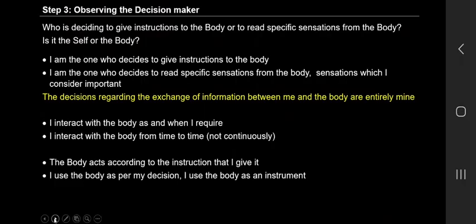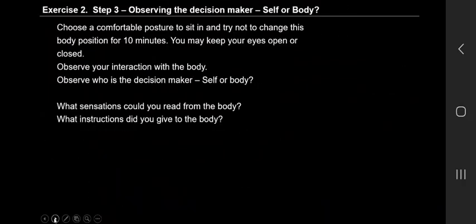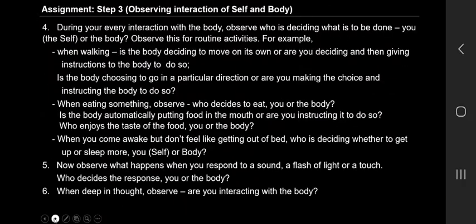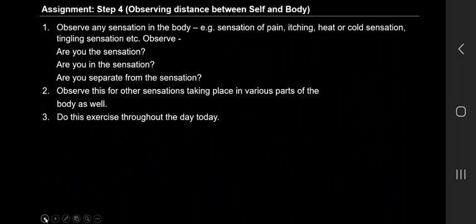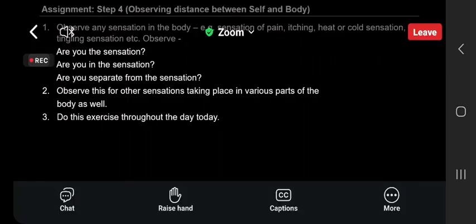Then in step 4, we are trying to observe the separation between me and the body. So while reading sensation, I can observe that I am not the sensation. I am not in the sensation. And there is a separation between me and the sensation.